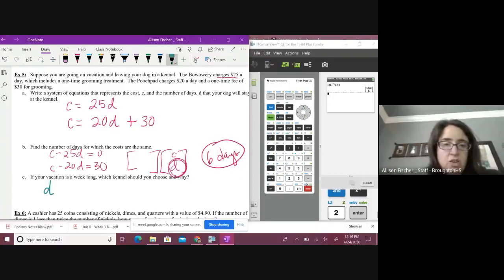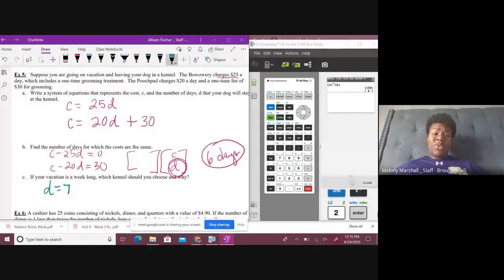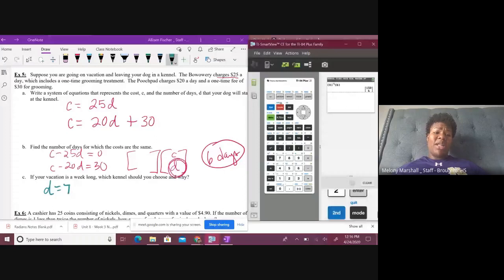If your vacation's a week long, which kennel should you choose and why? So if D is 7, which one should you choose? You want to substitute in 7 and see which one costs less, I'm guessing is what they want you to do.